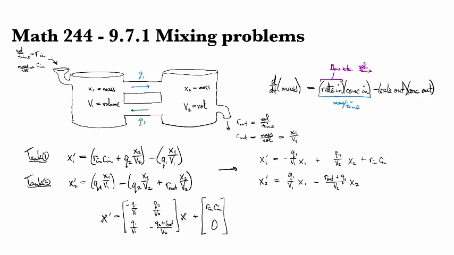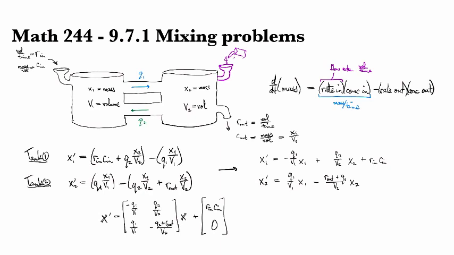So if we were also dumping some stuff into the second tank, maybe here we'll put a little hopper funnel on here, and we're pouring stuff into here.